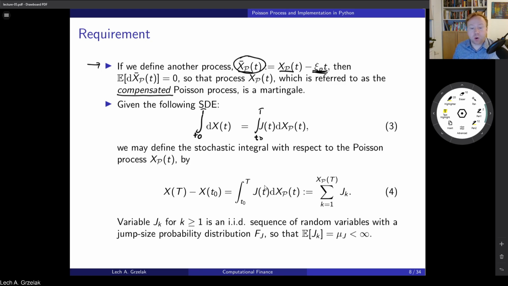Typically, if the jump magnitude is a random variable and here we have a process, we assume there is no correlation between the two. Otherwise, it becomes very complicated and practically also difficult to assess how we would assess the magnitude of a jump and the jump process, the counting process.